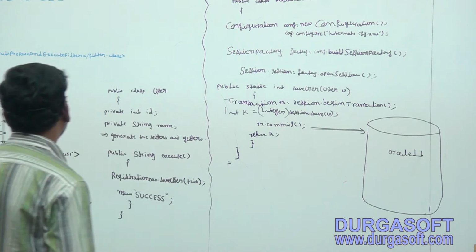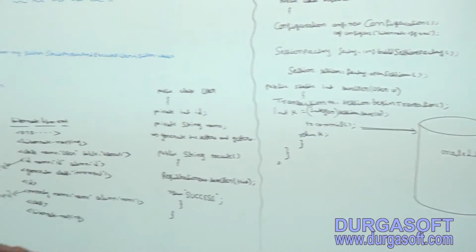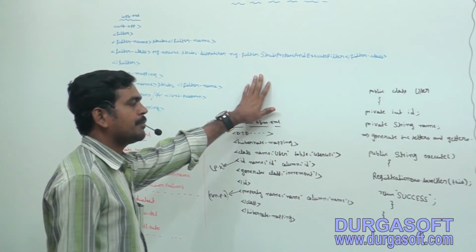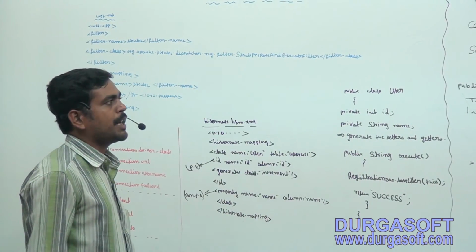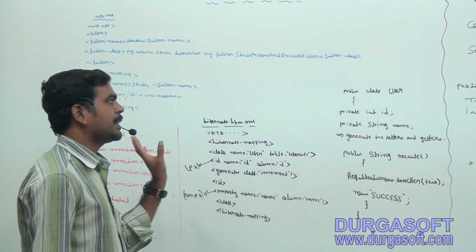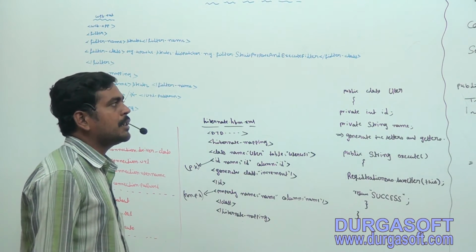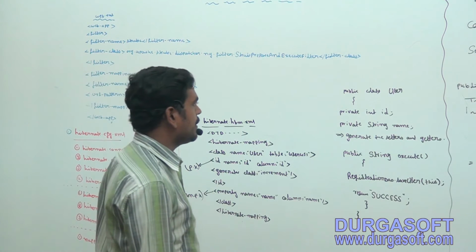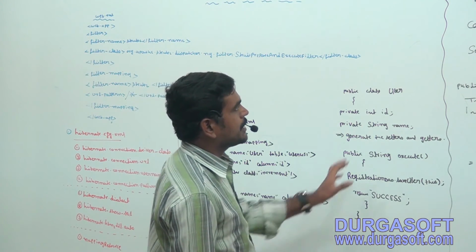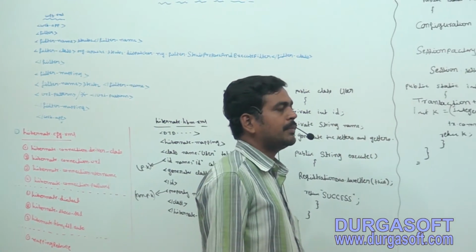So like this we can use the Struts 2 controller, and we can use the Hibernate framework, and we can integrate them both. Where we are using Struts, here we are using Hibernate inside the RegisterDAO.